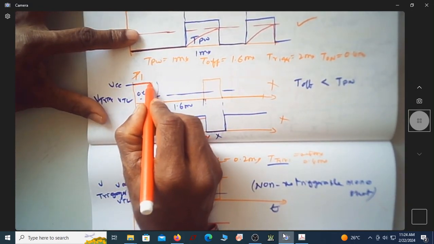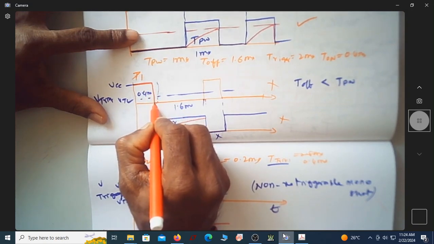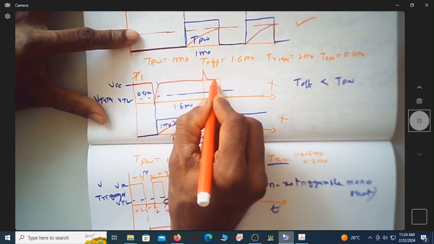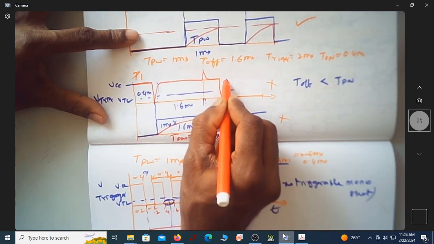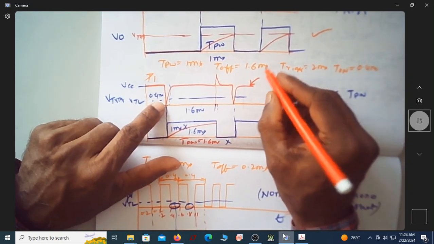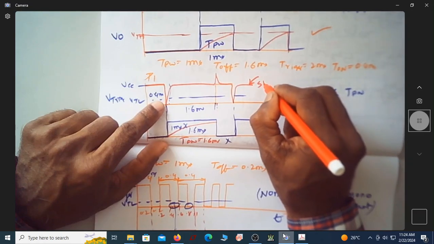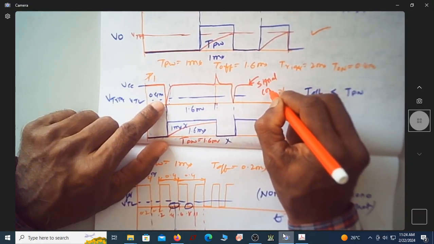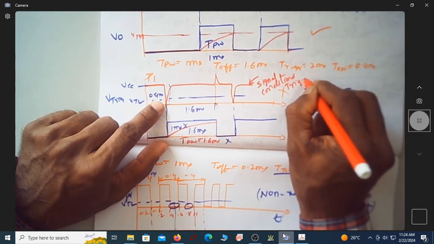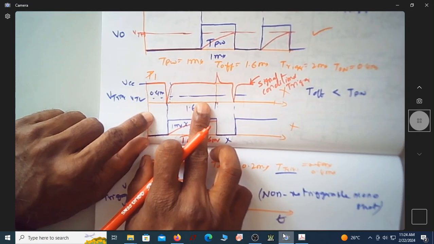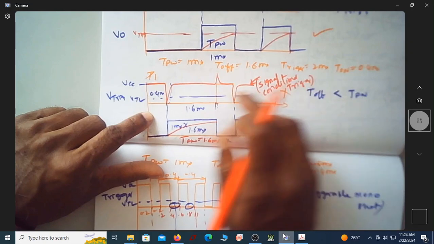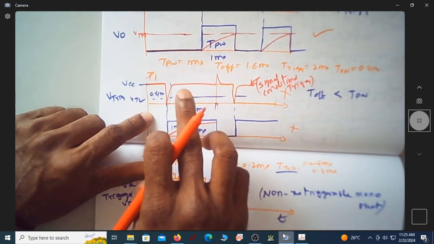If I get a trigger signal something like this, see, this is the output of a signal conditioned trigger. I am not applying the raw trigger signal as it is. I am passing it to a signal conditioning circuit, which results in a signal conditioned waveform.